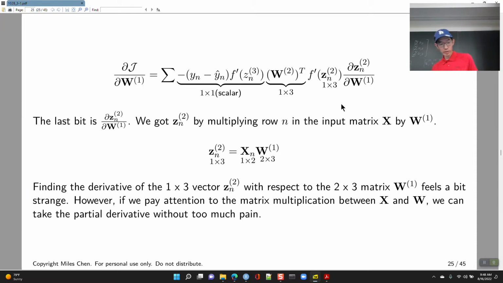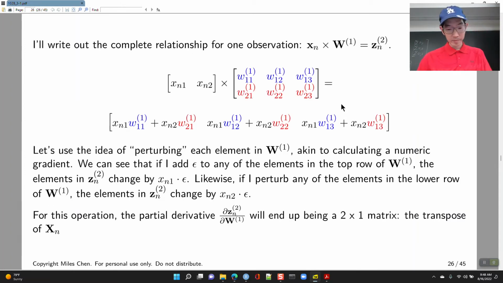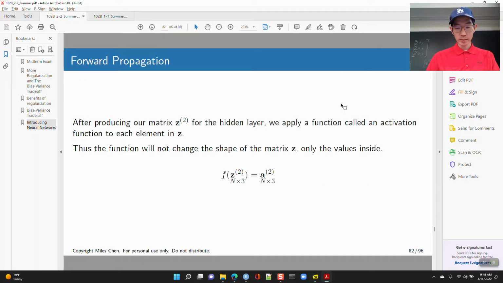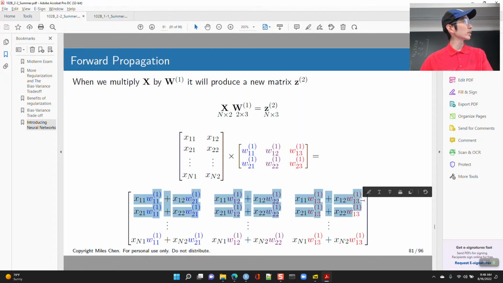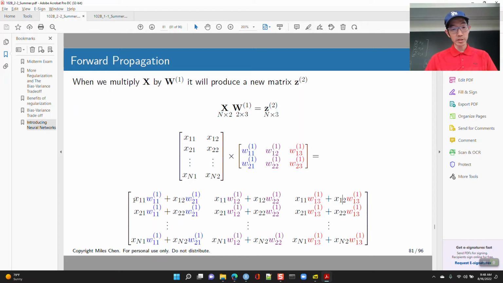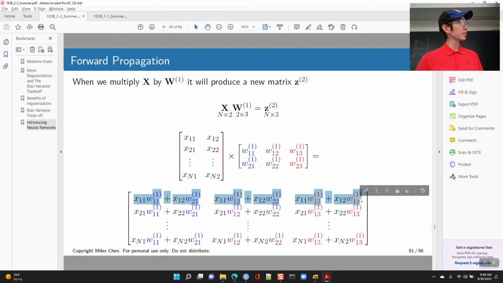So if we look at this, imagine we're looking at just the nth row. Let's look at just this first row. What are the dimensions of this first row?